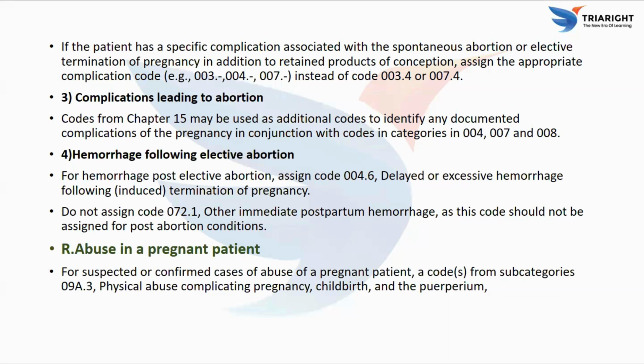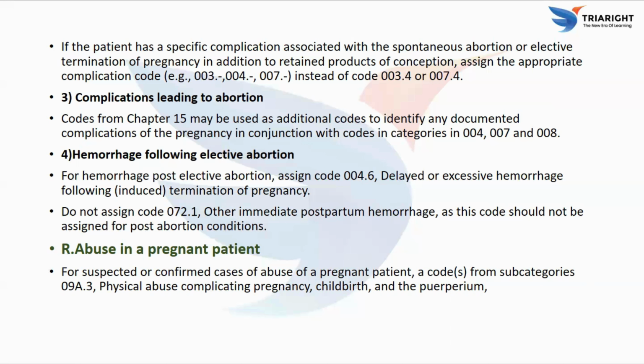So instead, you have to assign the exact complication code. So examples like O03 for complications of spontaneous abortion, O04 for complications of elective abortion, and O07 for failed attempts with the complications. So if a complication is documented, you have to code that specific complication but not the general incomplete abortion code.